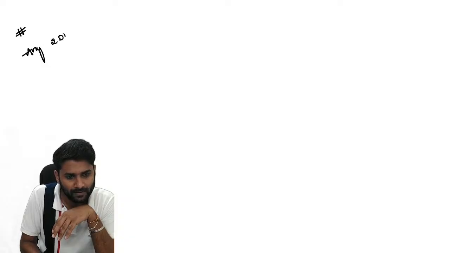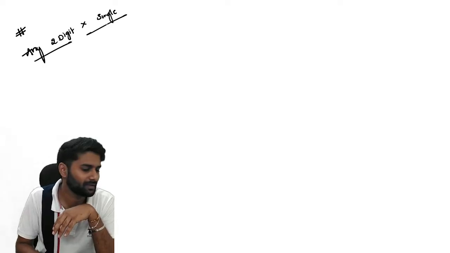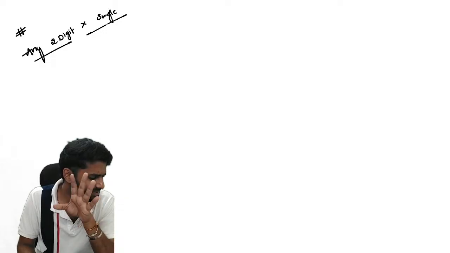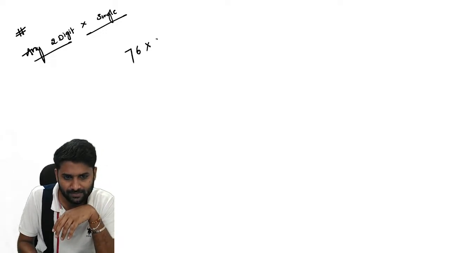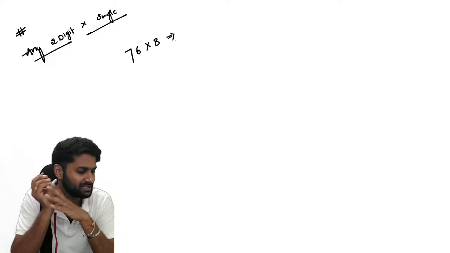Now, let's go for the next observation. If any two-digit number is multiplied with any single-digit number, you can take any two-digit number and any single-digit number. Let me take 76 multiplied with 8. What can be the resultant?